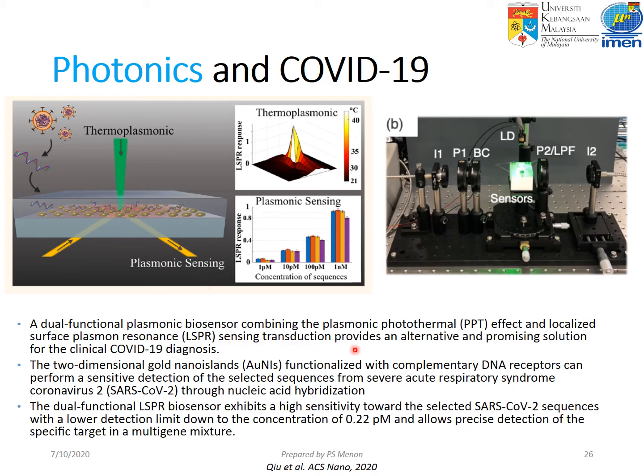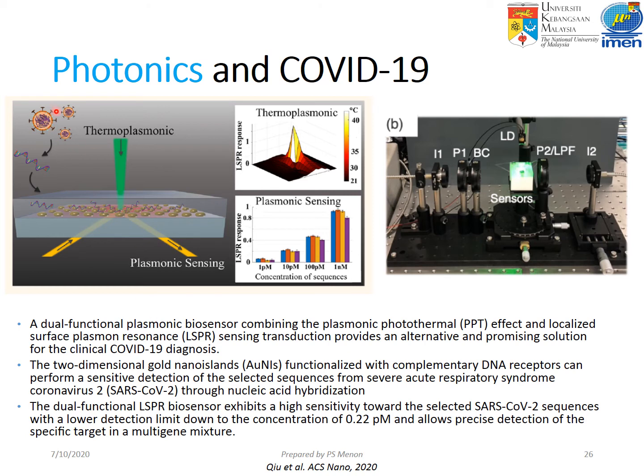So it provides an alternative and promising solution for clinical COVID-19 diagnosis. So the two-dimensional gold nano islands over here, these are all gold nano islands, are functionalized, which means they have some attachments on them with complementary DNA receptors, and it can perform a sensitive detection of selected sequences from severe acute respiratory syndrome coronavirus 2, or SARS-CoV-2, through nucleic acid hybridization.